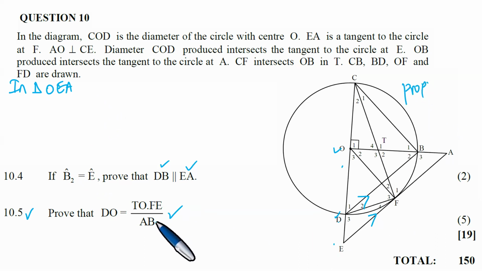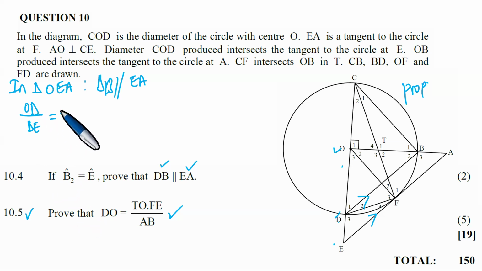In this triangle, DB is parallel to EA, which means that OD over DE is OB over BA.